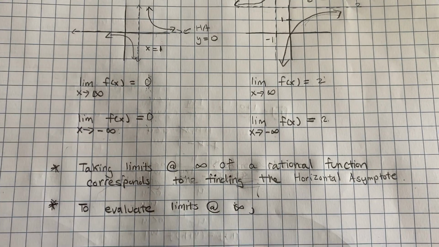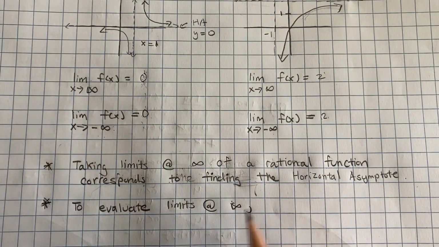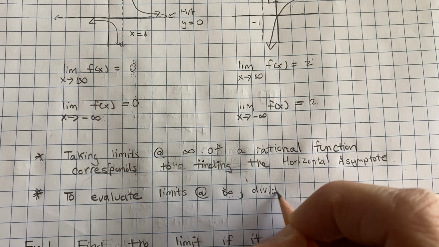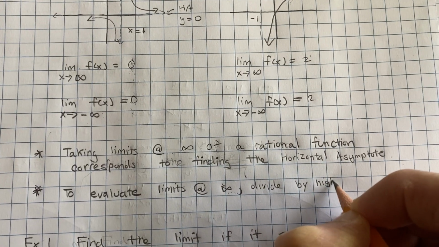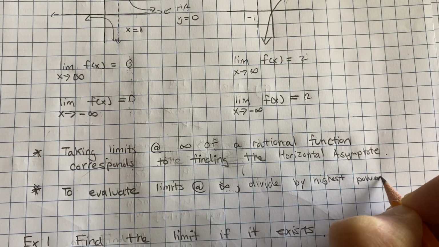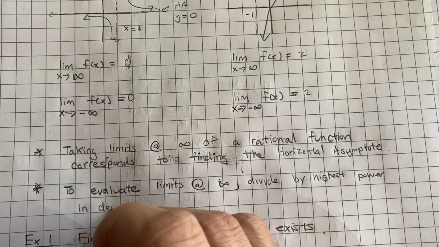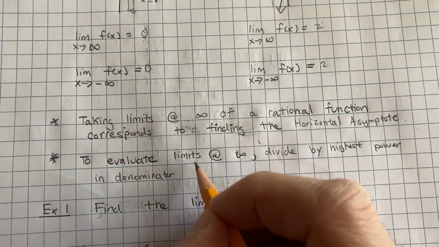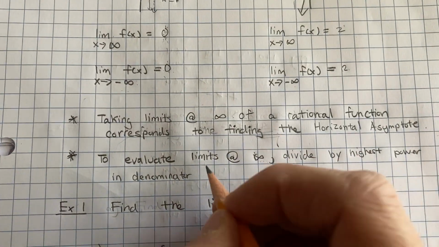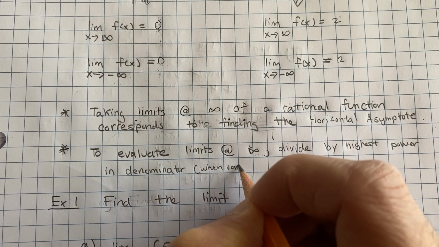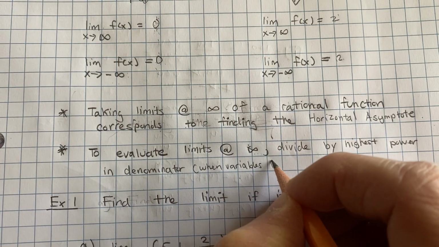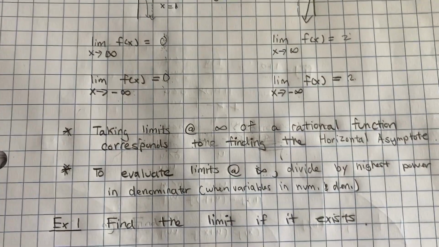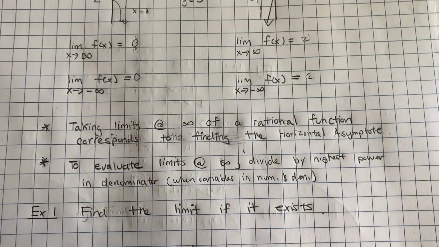So to evaluate limits at infinity algebraically, you simply divide by the highest power in the denominator, assuming that there are variables in the numerator and denominator. Okay, so that's just a strategy that you can use to evaluate limits at infinity.